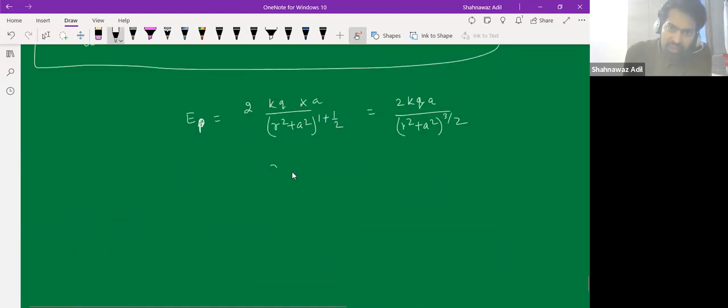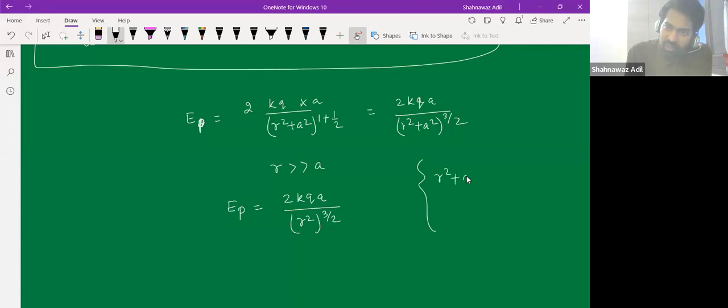R is very much greater than A. So we can neglect this, and the magnitude would be 2KQA divided by R square to the power 3 by 2, because R square plus A square would be similar to R square, A square neglected.